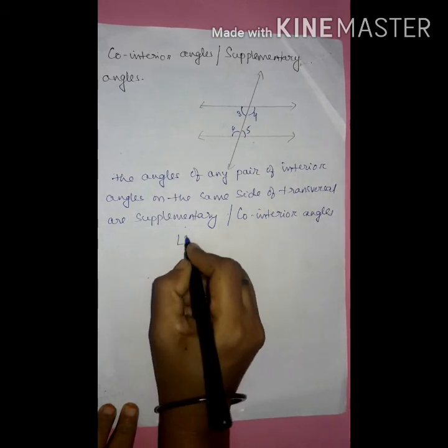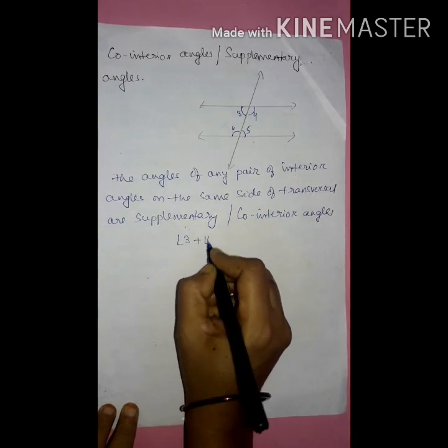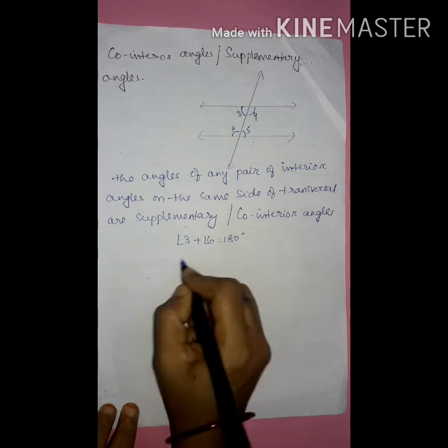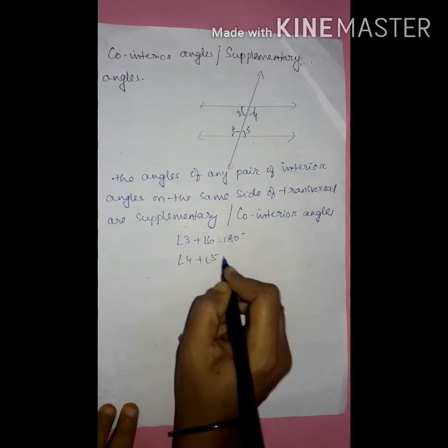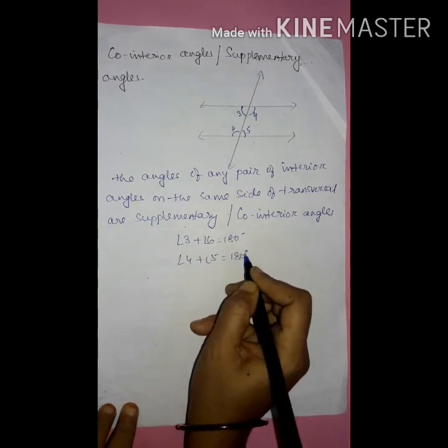That means angle 3 plus angle 6 is equal to 180 degrees, and angle 4 plus angle 5 is equal to 180 degrees.